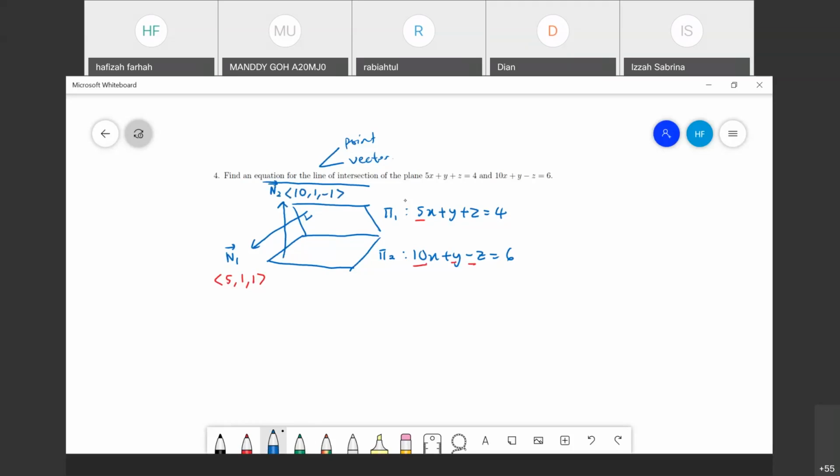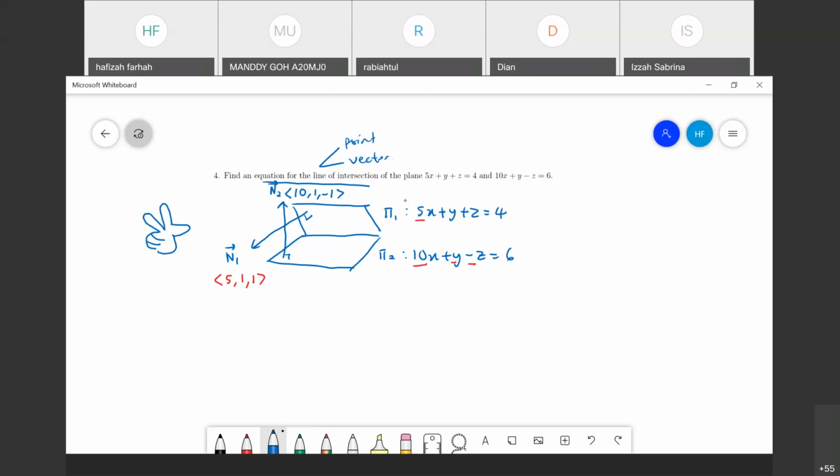So now we have two vectors, and you can get the other vector by using the cross product. If you use the right hand, this is your finger and this is your thumb.